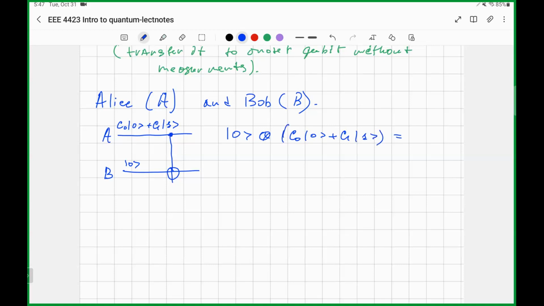The result is C0 state 00 plus C1 state 01.